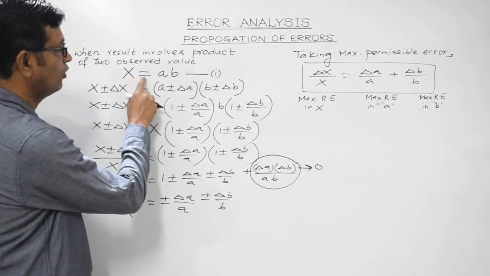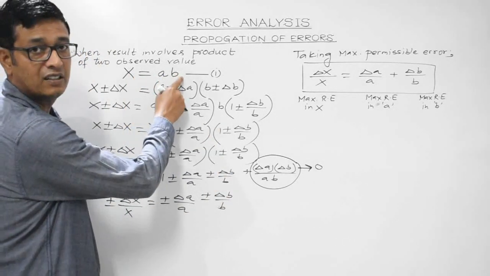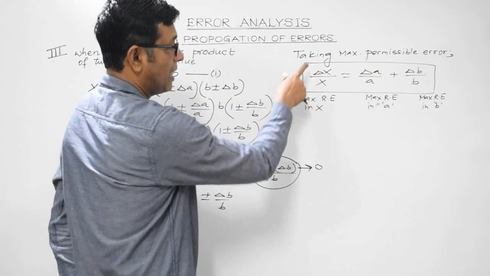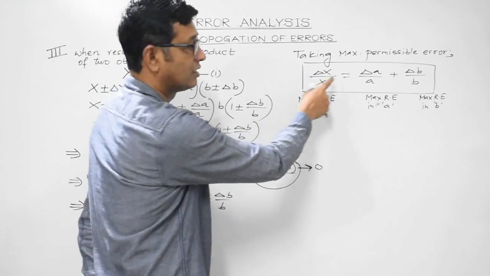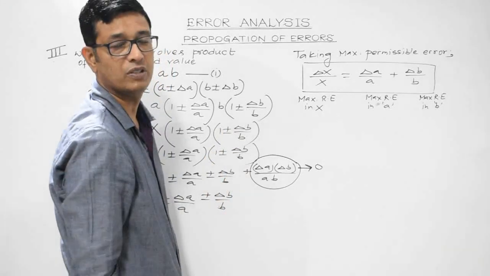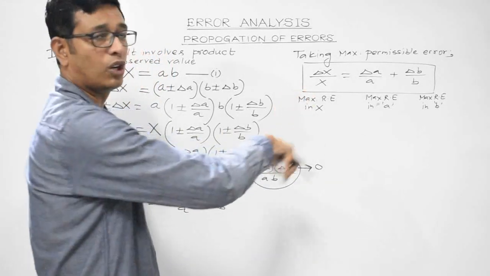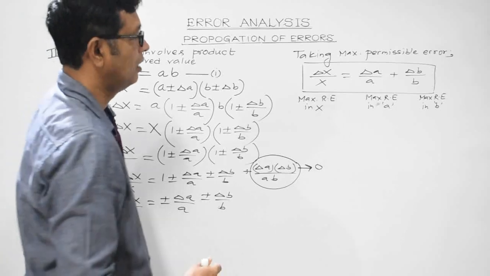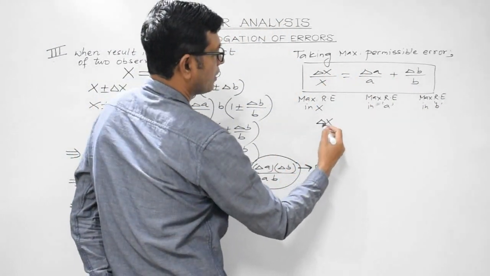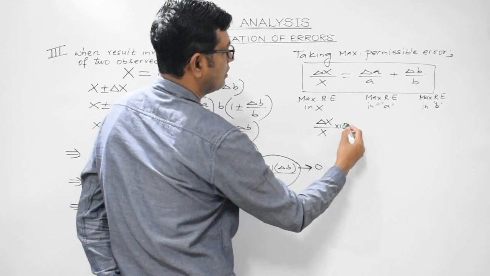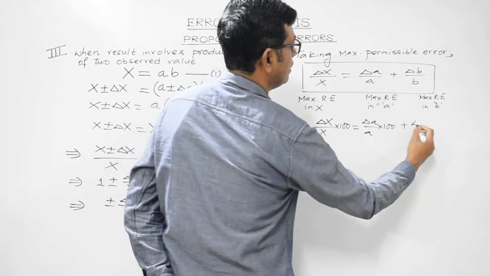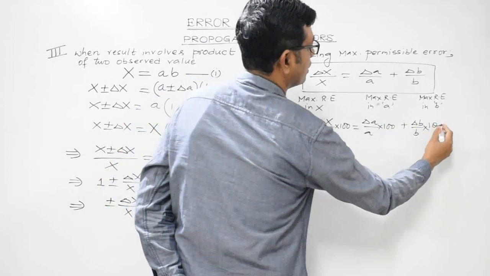So when the result involves the product of two measured quantities, then the errors are propagated in this particular manner. That is, the maximum relative error in the result is given by the sum of the maximum relative errors in the individual measurements. It can further be modified in some alternative form. Multiply throughout both the sides by 100. So what you get is del x by x multiplied by 100, it will be del A by A multiplied by 100 plus del B by B multiplied by 100.